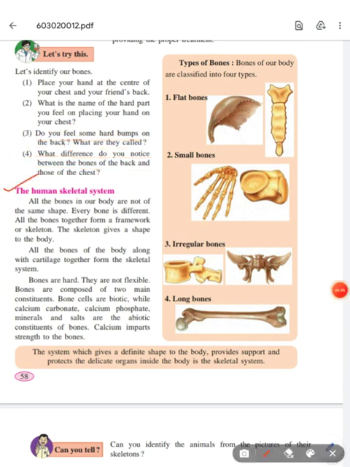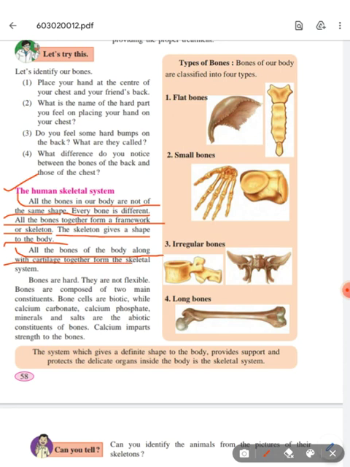The human skeleton: all bones in our body are not the same. Every bone is different. All the bones together form a framework or skeleton. The skeleton gives shape to the body. All bones of the body along with cartilages together form the skeleton system.